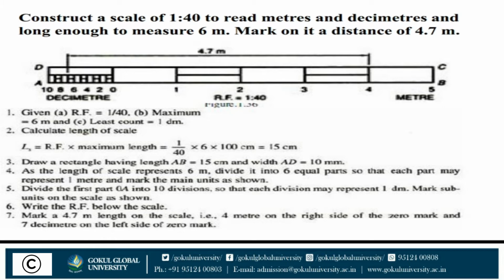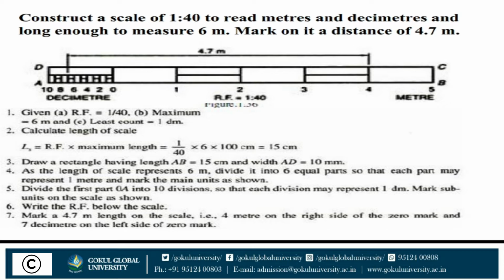Now draw a rectangle having length AB of 15 centimeters and width AD equal to 10 mm. As the length of the scale represents 6 meters, divide it into 6 equal parts so that each part may represent 1 meter and mark the main units as shown.